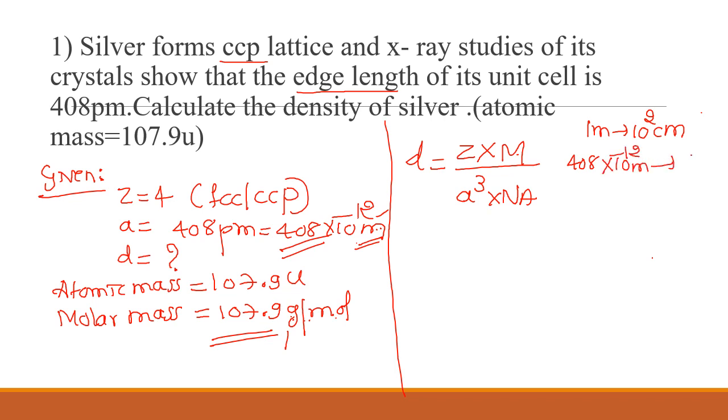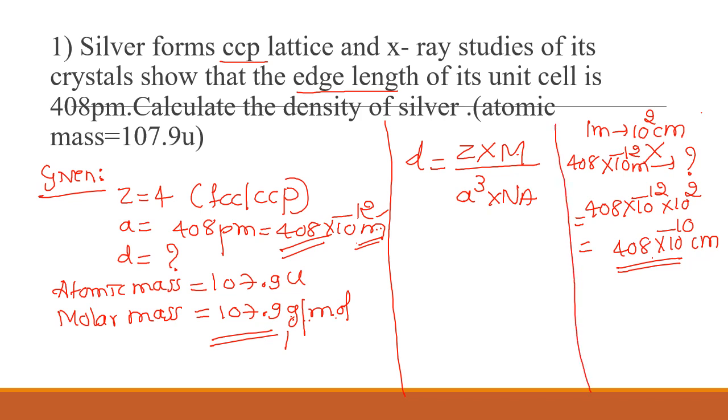How many centimeters? Let us do the cross multiplication. What we will get? 408 into 10 to the power minus 12 into 10 to the power plus 2, which is equal to 408 into 10 to the power minus 10 centimeters.